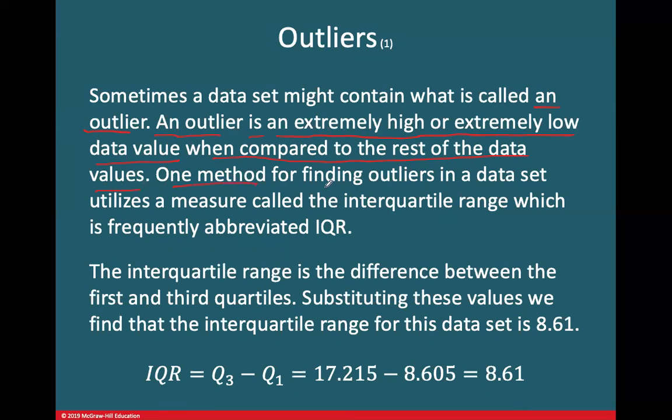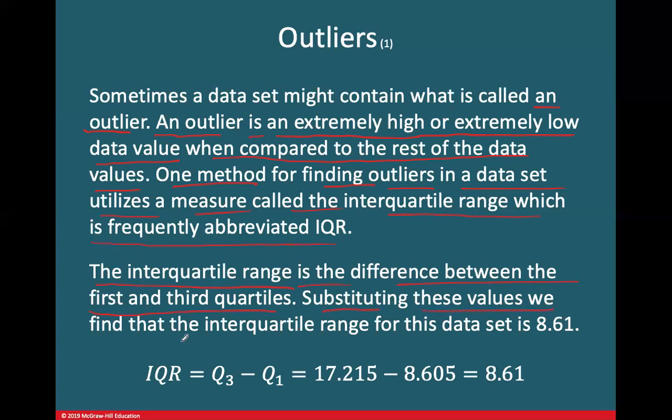One method for finding outliers in a dataset utilizes a measure called the interquartile range, which is frequently abbreviated as IQR. The interquartile range is the difference between the first and the third quartiles.